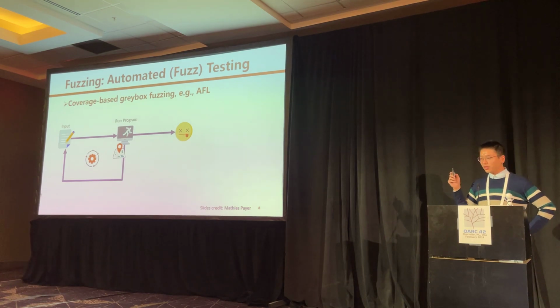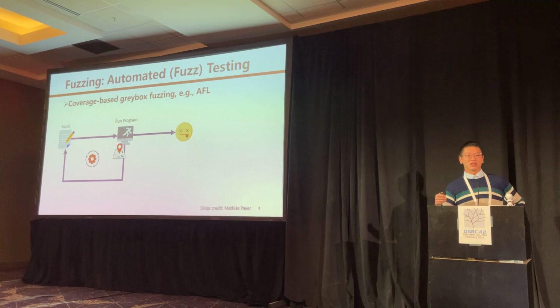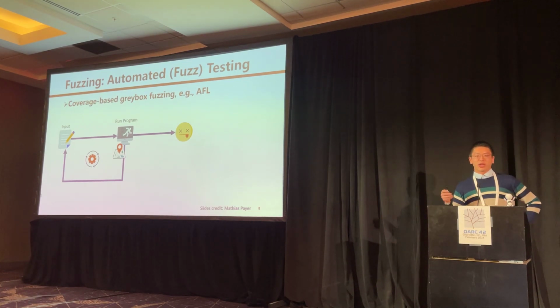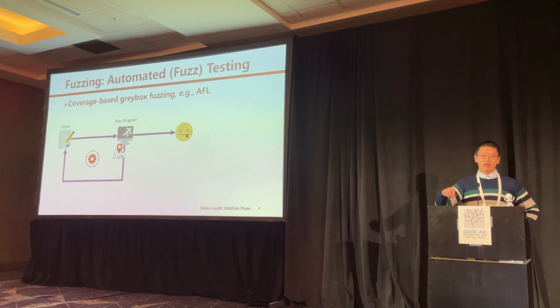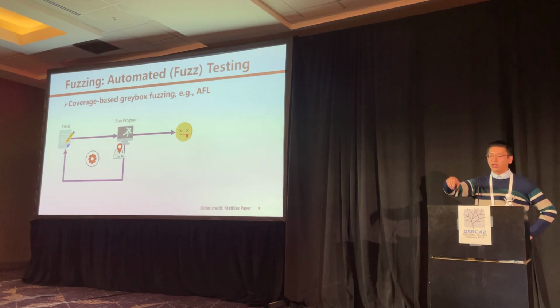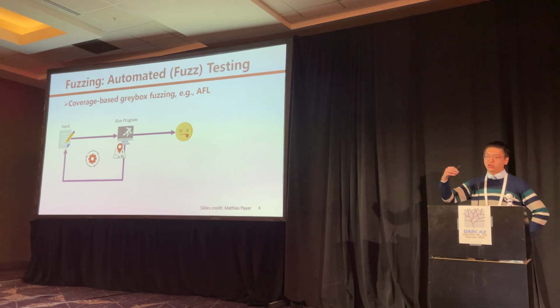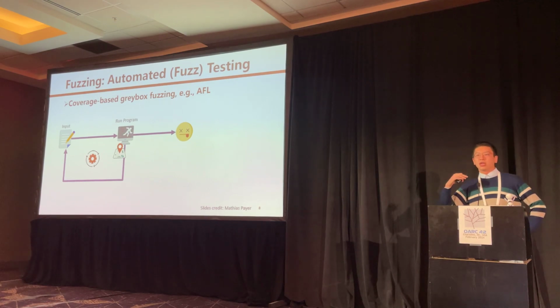Nowadays, let's look at the more comprehensive and advanced fuzzing technique, which is called coverage-based gray box fuzzing. Coverage-based means that for the program, you can do some kind of labeling. By executing the program, you will know the control flow of this program, and finally you can calculate how much of the code inside this program is executed.